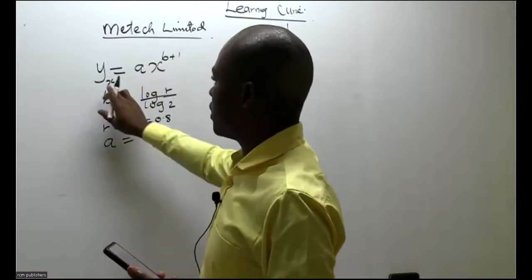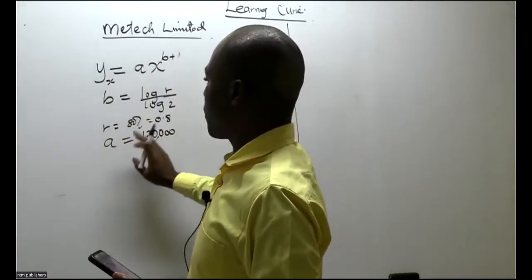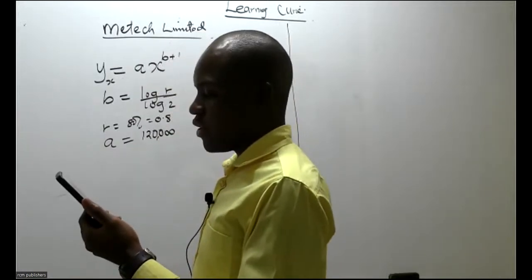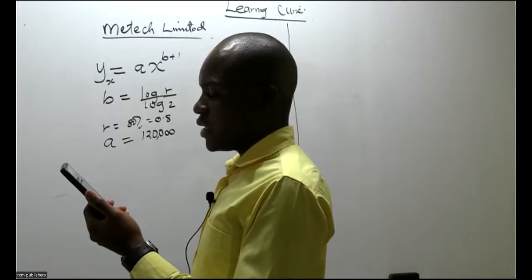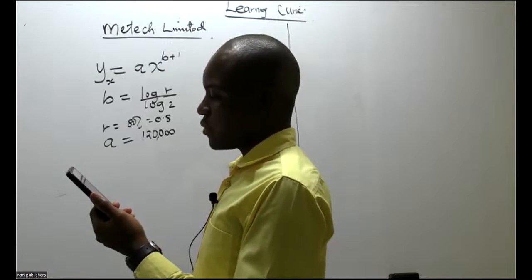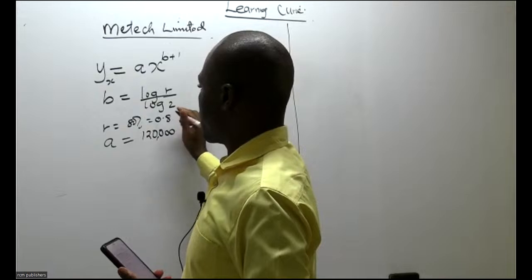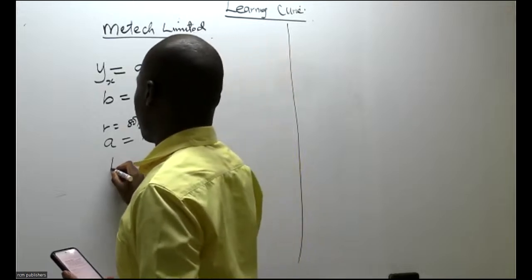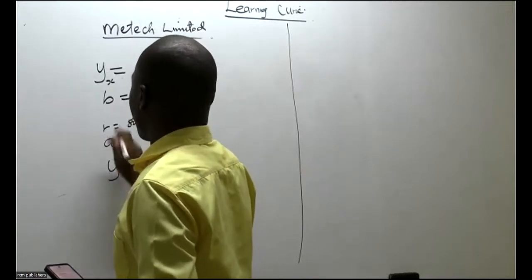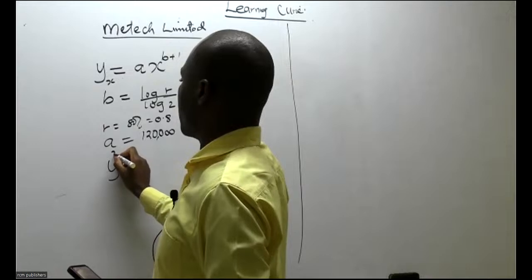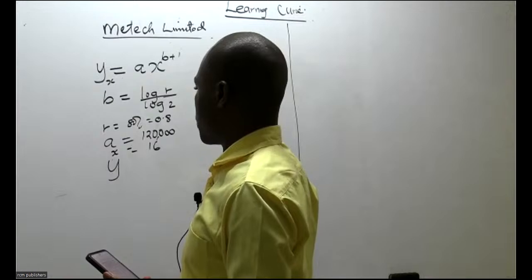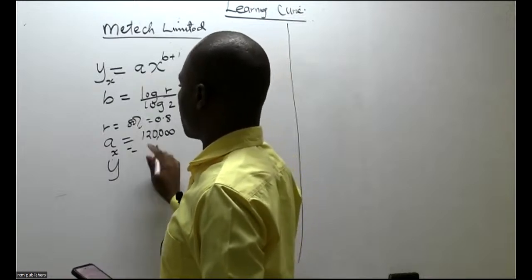So are we able to get this? We now have a and x. X will keep on changing depending on what you want to calculate. So the first thing is the average direct labor cost per batch of the first 8 batches. Do we know how we are going to use this 0.8? We need to get the value of b. For the total life, our x is equivalent to 16, but we are told the first 8 batches.